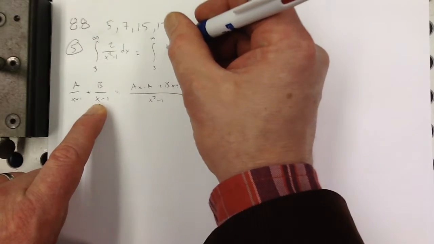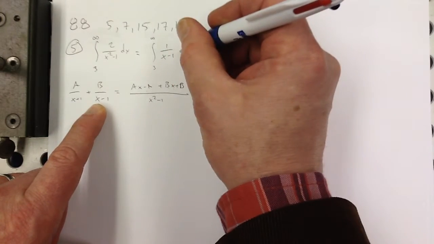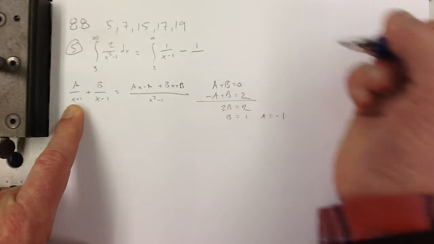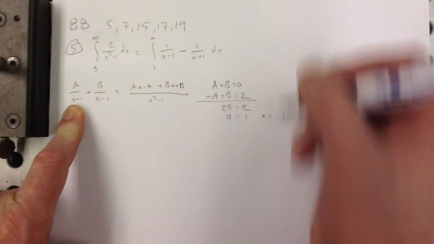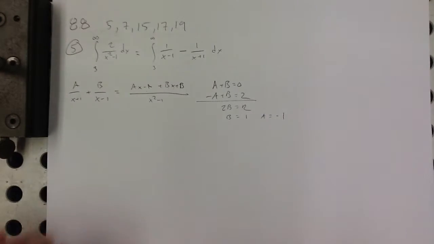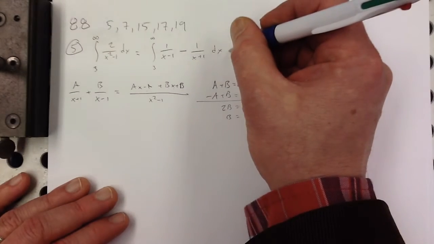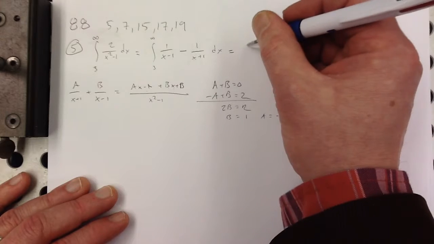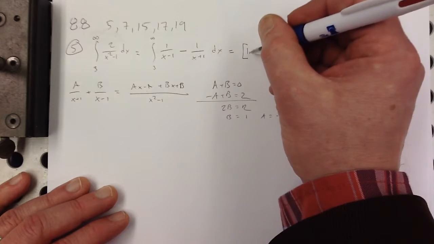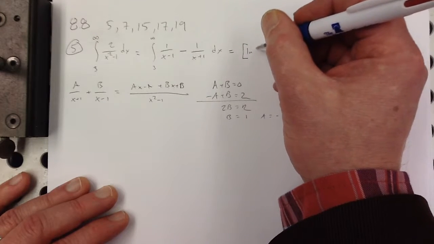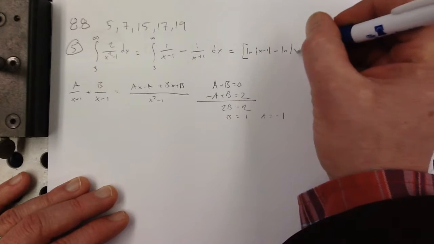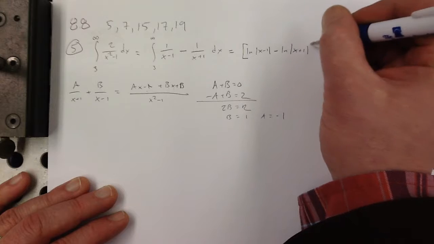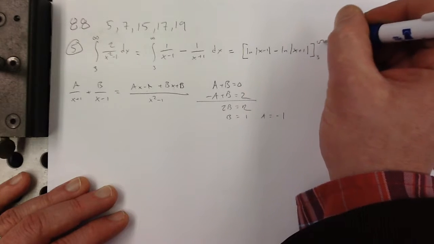So that's 1 over x minus 1 minus 1 over x plus 1. Right, and taking the antiderivatives, that gives me natural log of x minus 1 minus the natural log of x plus 1 from 3 to infinity.